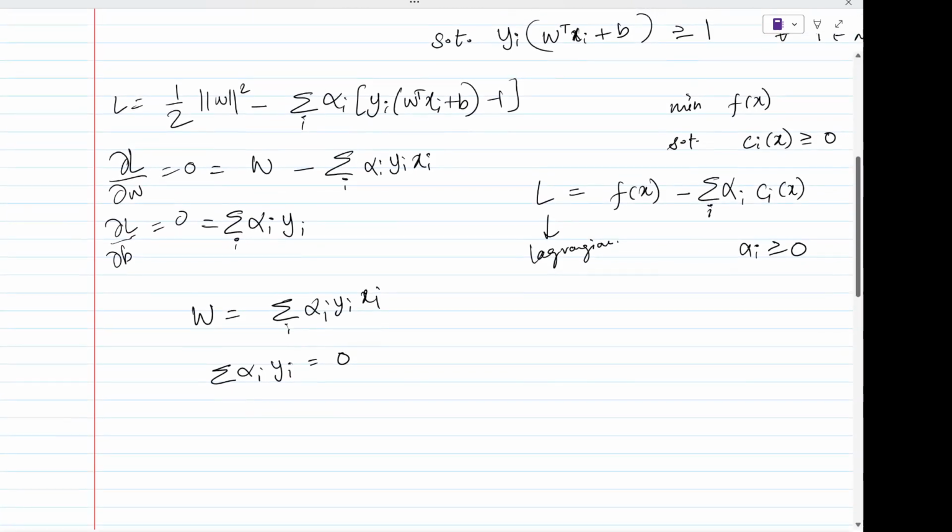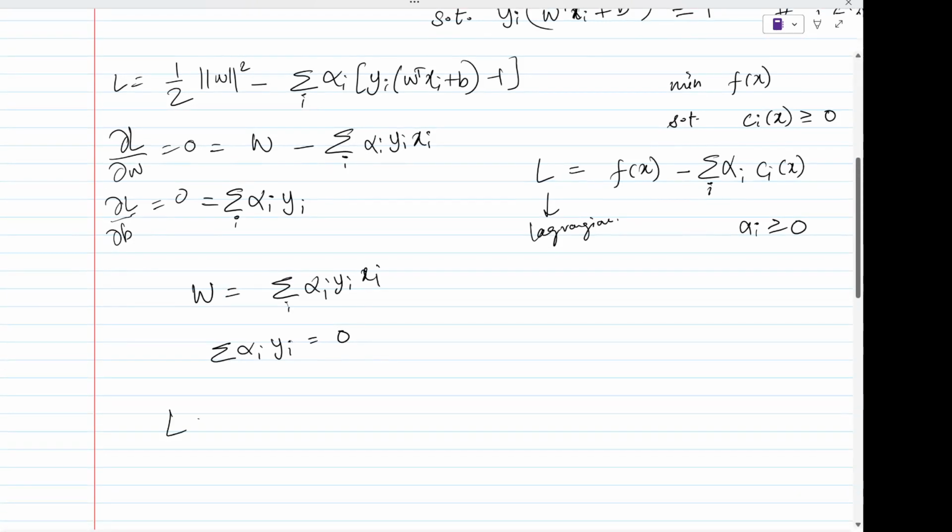So if you substitute these two into this, what you have is L is equal to 1 by 2. You have to take this into this.